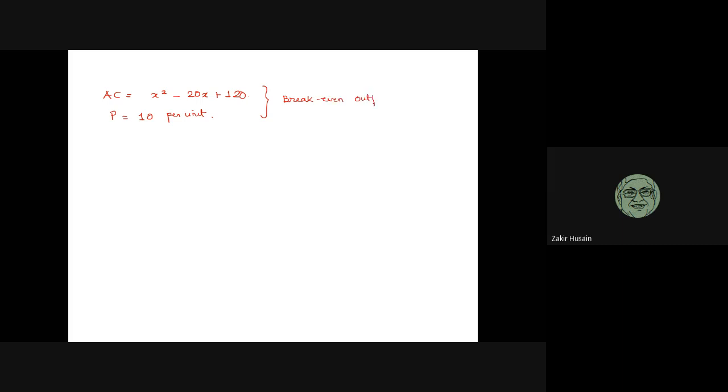What is the break-even output level? Do you know what a break-even output level is? So total cost equals total revenue. Very good. So that profit is 0.